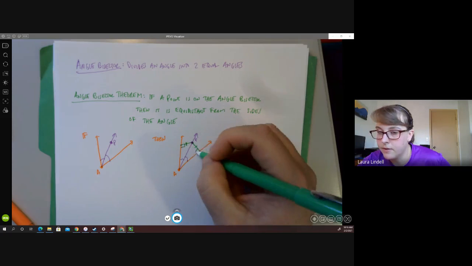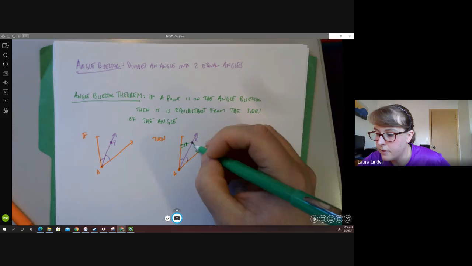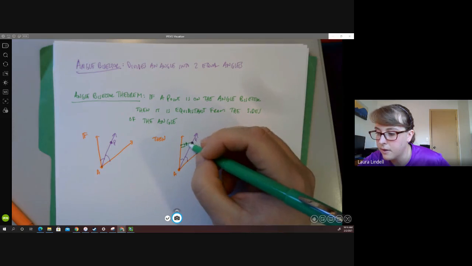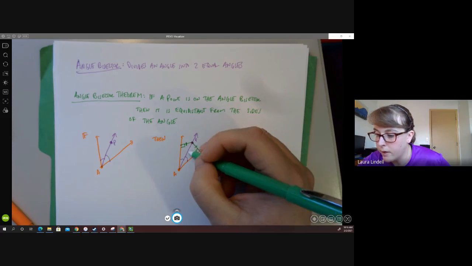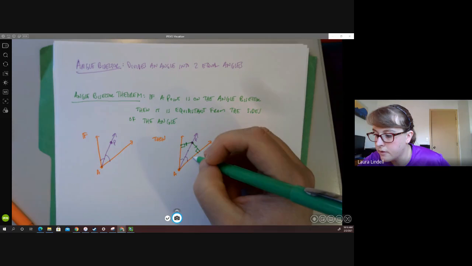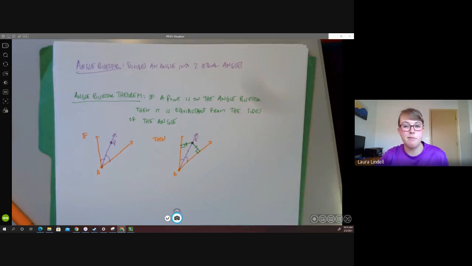So this is what distance is going to look like. We can say that this distance is the same as this distance here. And so for any point along this angle bisector, the distance from that point to either ray on the sides of the angle is going to be the same.